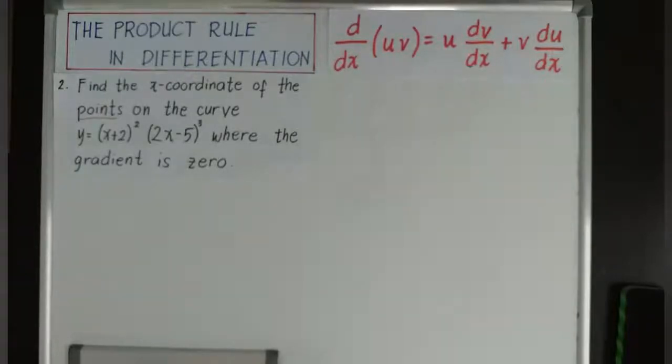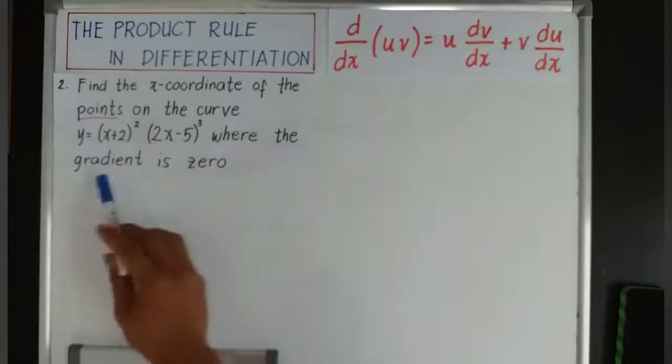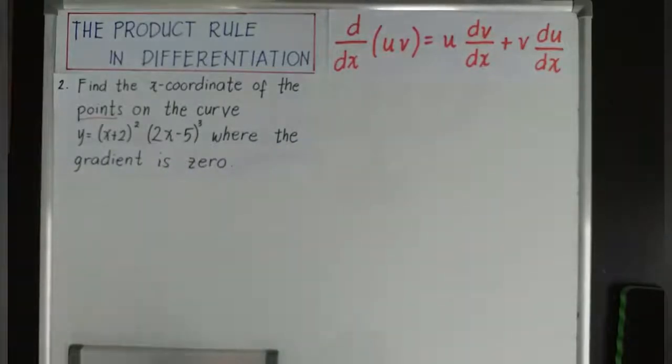We don't know yet. Let's try to solve. It says of this function where the gradient is 0. So it means dy over dx is equal to 0, because the gradient of the tangent, or the gradient of the curve at a certain point, is always dy over dx, or the derivative of the function, or the equation of the curve.